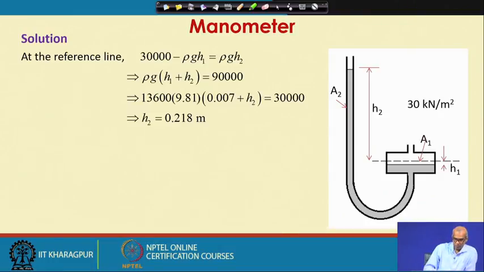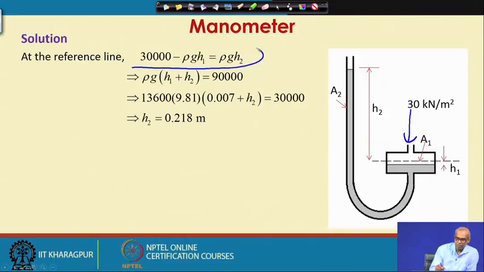So, when you apply 30 kilonewton per meter square pressure, you have H1 equal to 7 millimeter.